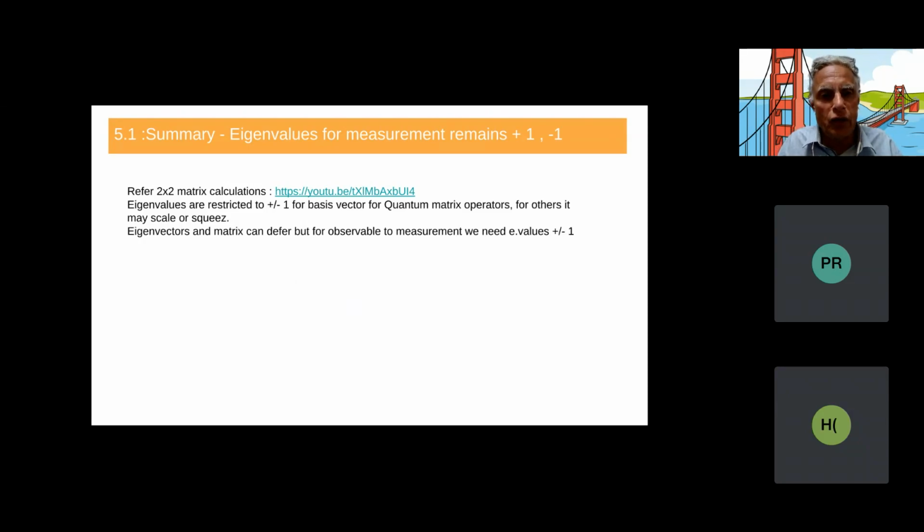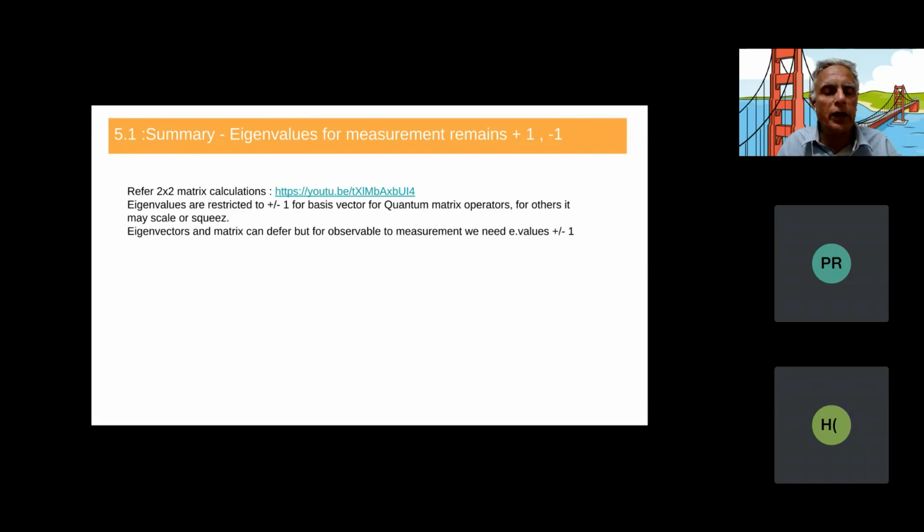So it is neither scaling to plus 2, minus 2, or 1 by root 2, nor squeezing. It is maintaining unity, and that is what we want for our observable measurements. So eigenvalues will be plus or minus 1 for all our purposes. How we achieve that depends on what matrix you use.